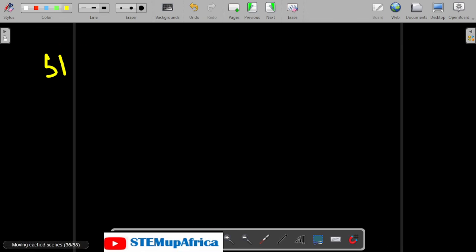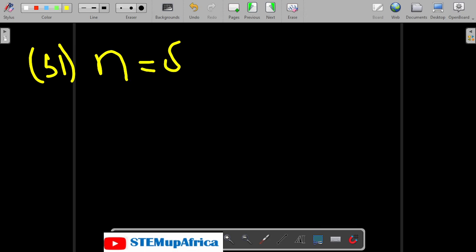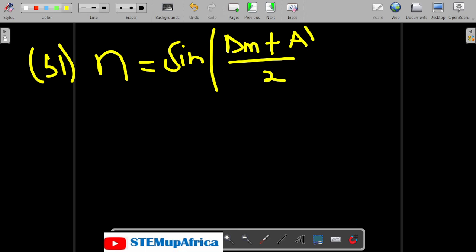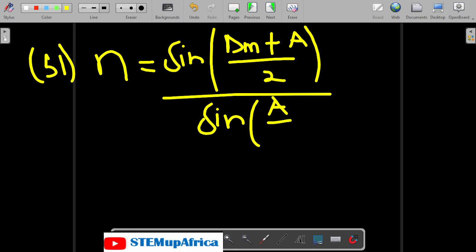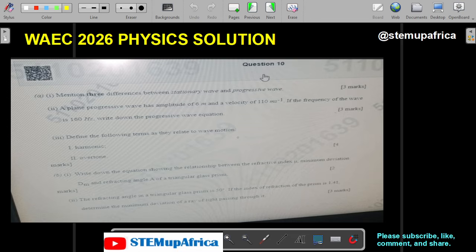So for B(i), we have n equals sine of (dm plus A) divided by 2, over sine A over 2. This is the relationship. So let's go to B(ii). It says the refractive angle of a glass prism is 50 degrees. If the refractive index is 1.41, calculate the minimum deviation.